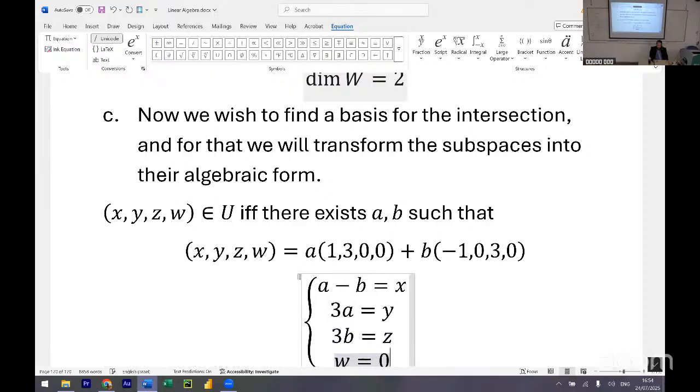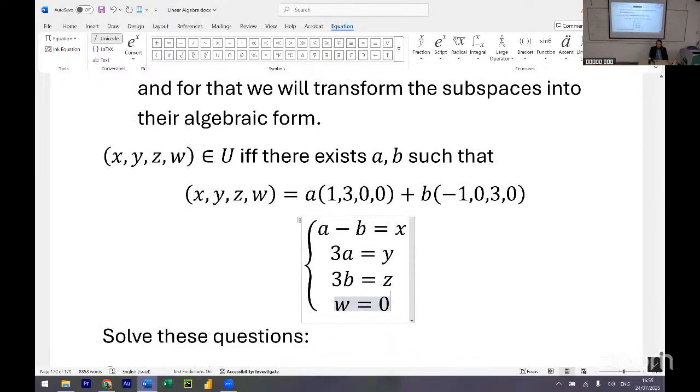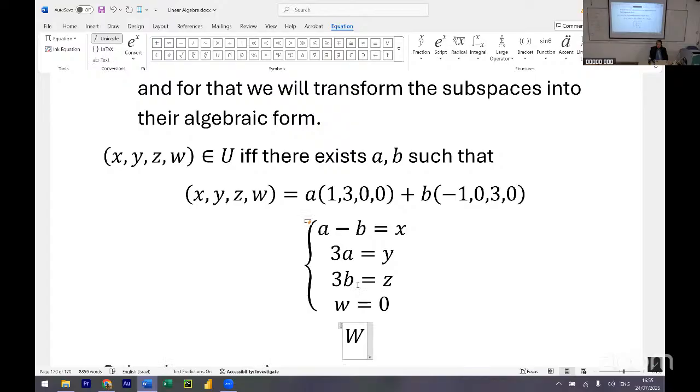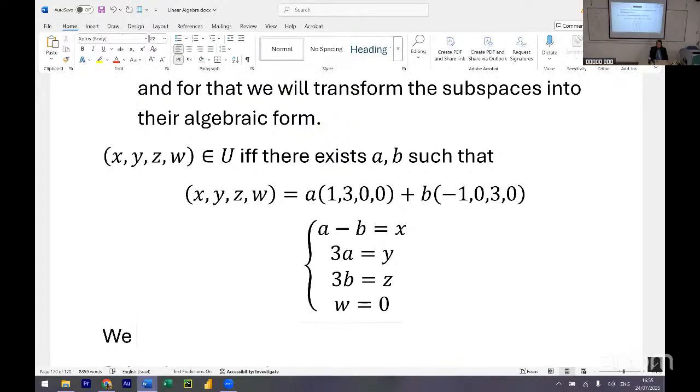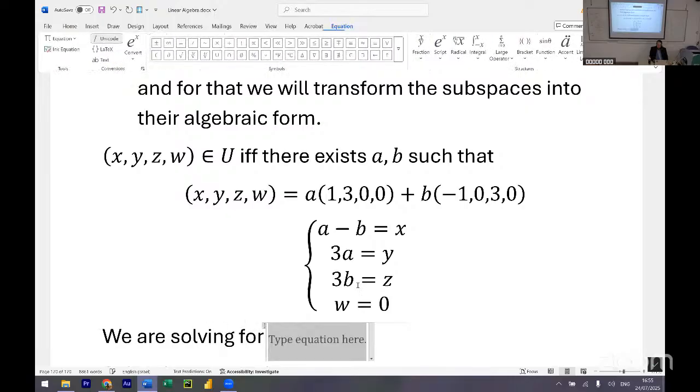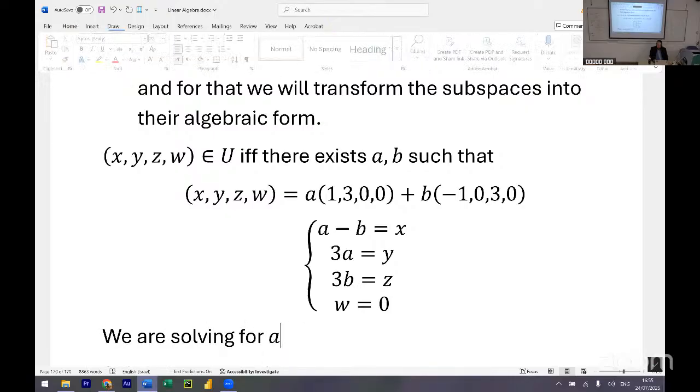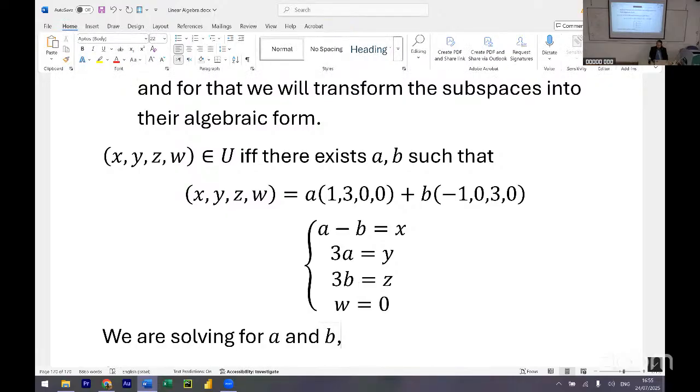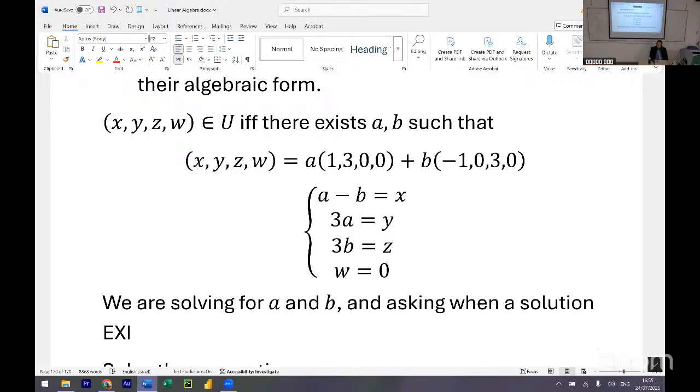We are solving for A and B and asking when a solution exists, not what the solution is.